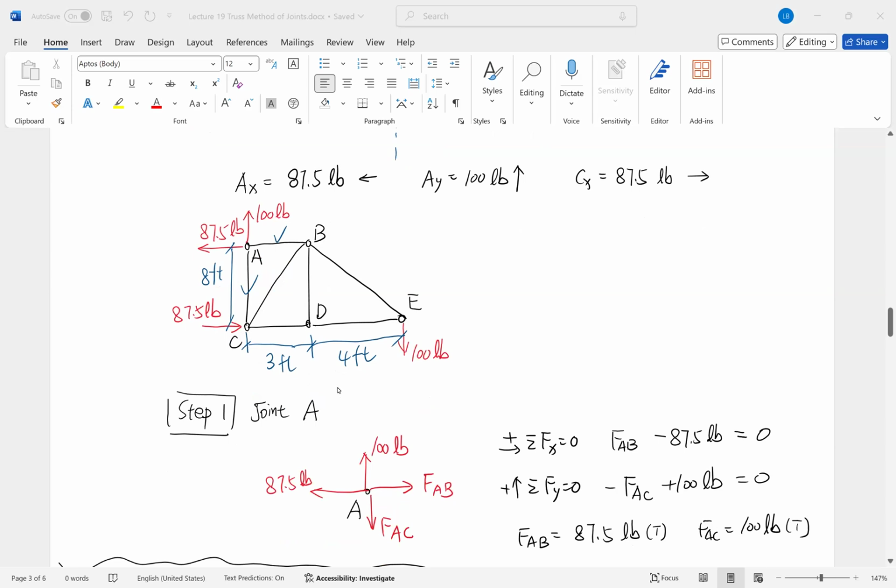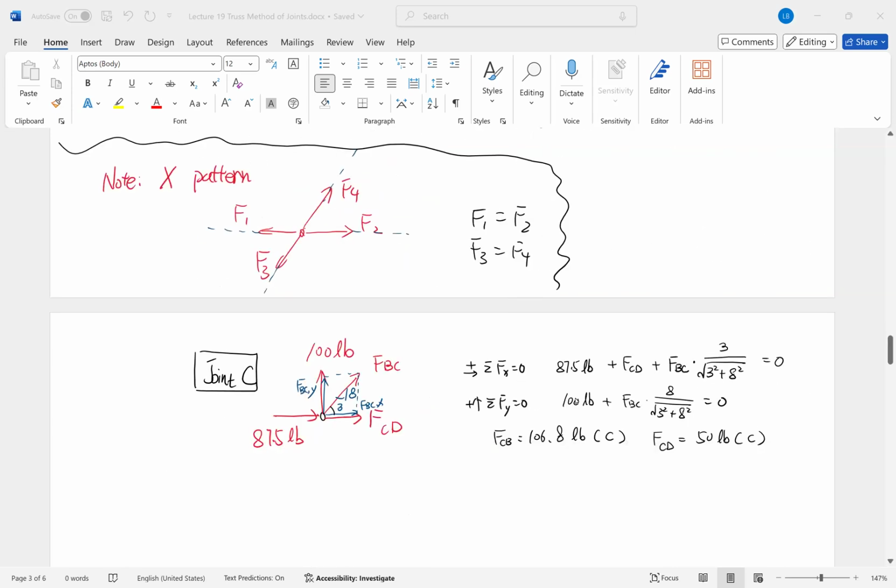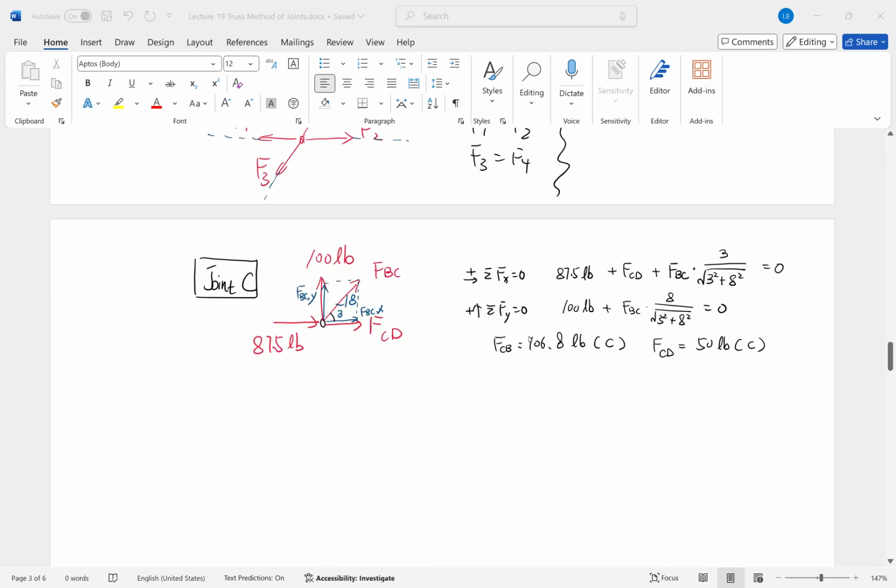Given that for a joint, we need to ensure that we have no more than two unknowns, we have at most two equations, right? So if you look at C, you only have two unknowns here. Okay, so we can go with the equilibrium of C. And by solving the equilibrium of C, we have the member forces in CB and CD here.